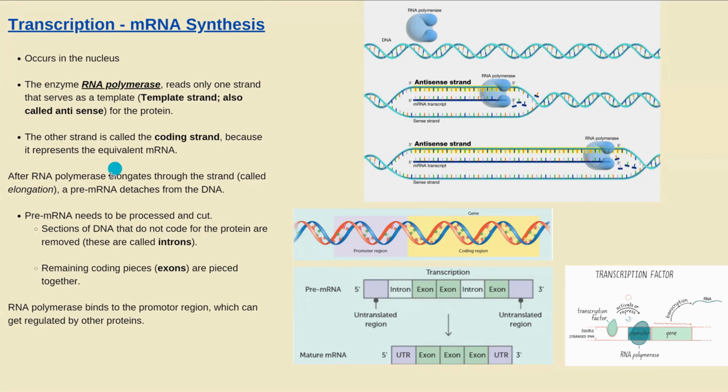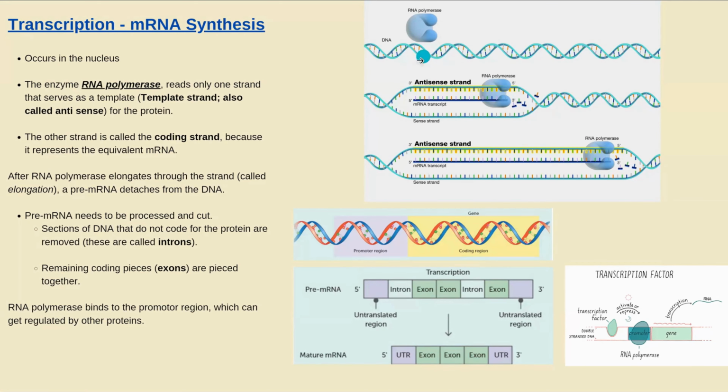Okay, and so what occurs, if you take a look at this diagram, RNA polymerase will come in and bind to that particular area that codes for the gene, and it will start to read through the DNA strand. And as it's going, it's unzipping the DNA.